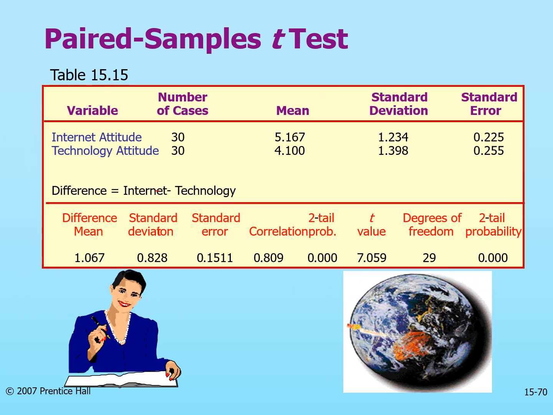This is also given to you. Table 15.15: number of cases 30, mean 5.167, standard deviation and standard error. The mean difference is coming to 1.067.